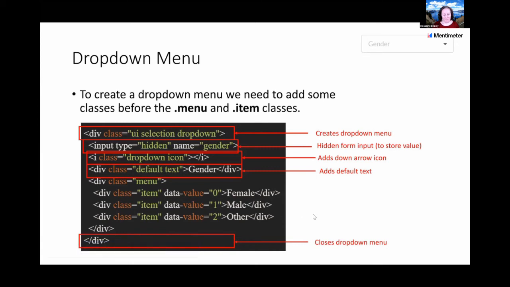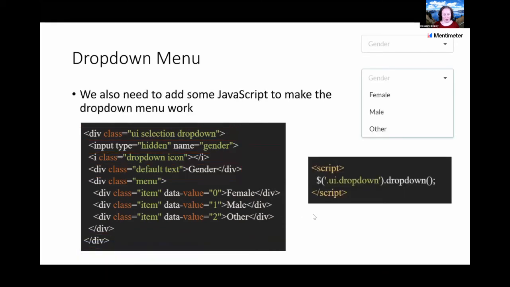Okay, and lastly then with drop-down menus, similar to, what did we do last week that needed a bit of JavaScript? Oh yeah, we added a table sort onto the table. Anywhere really where you're clicking on something and then something happens, it's usually a piece of JavaScript that's needed. So last week we added that piece of JavaScript that was going to sort the table columns when we clicked on whatever table heading at the top.